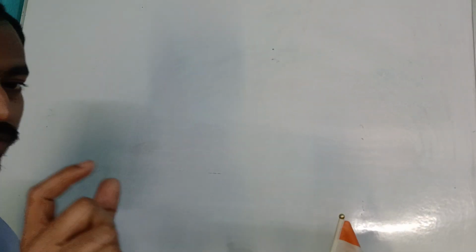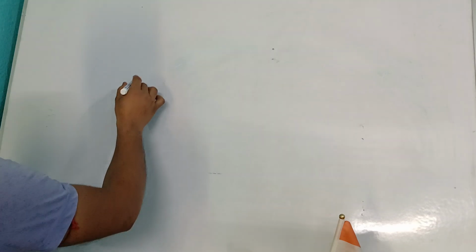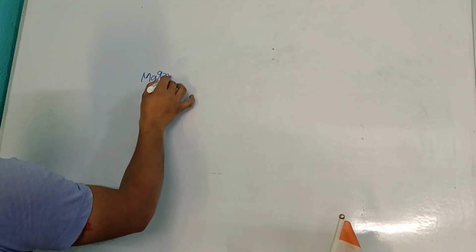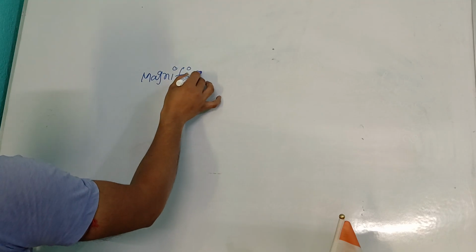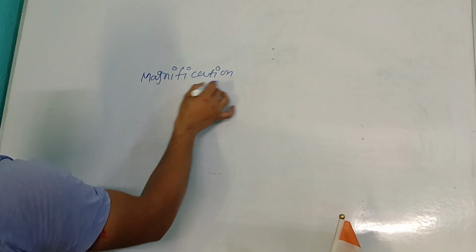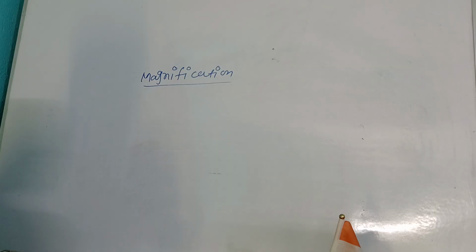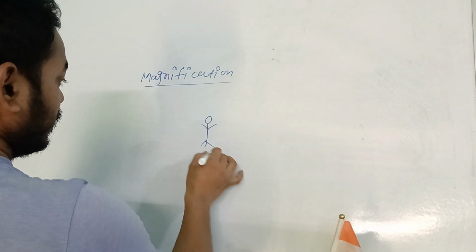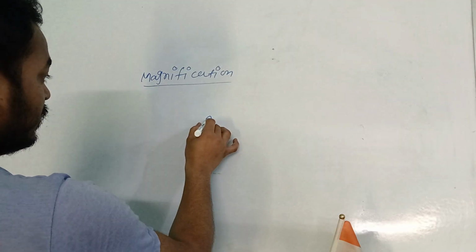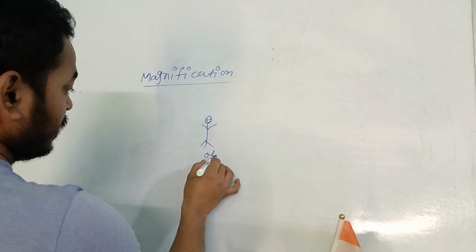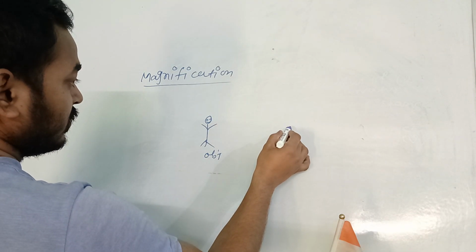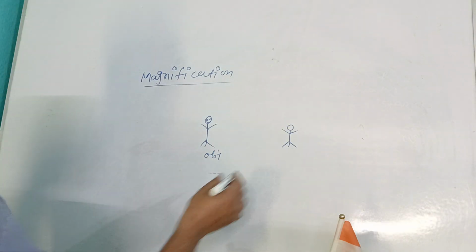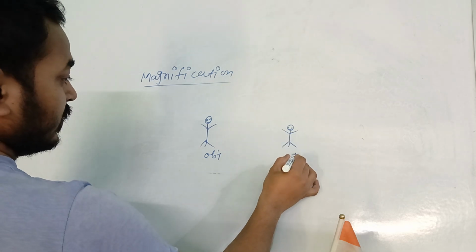Now a small concept of magnification. What do you mean by magnification? For example, this is the object, and somehow you are getting this image.